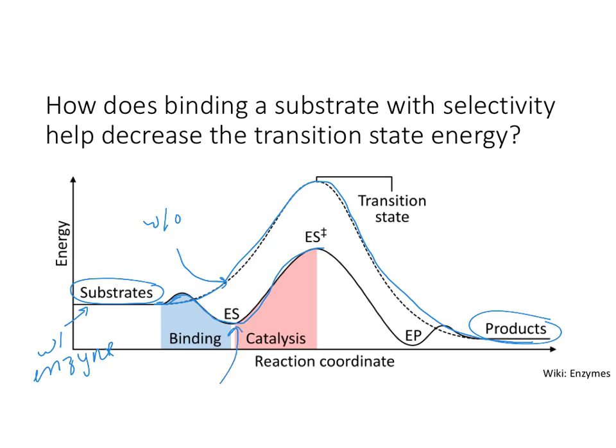One is the binding of E to S, and then the next one is the lowering of the transition state itself.